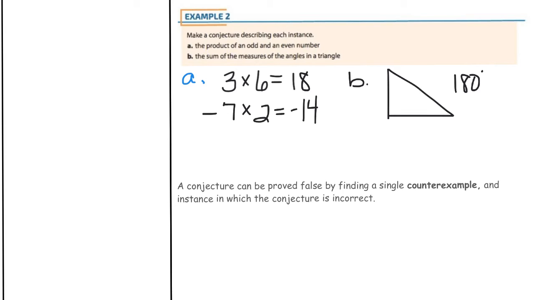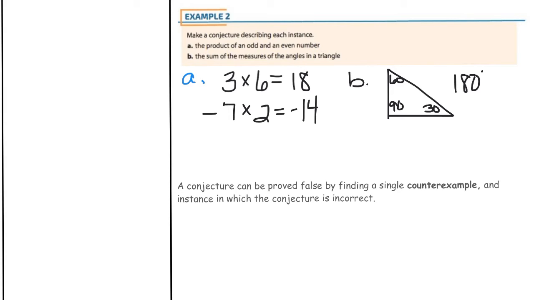I could do a right triangle, which this one kind of looks like, and this would be 90 degrees, and I could say this is 30 degrees, and this is 60 degrees. That would work.